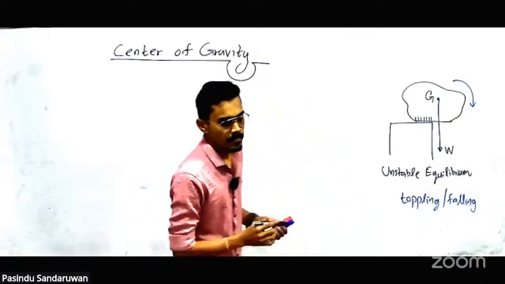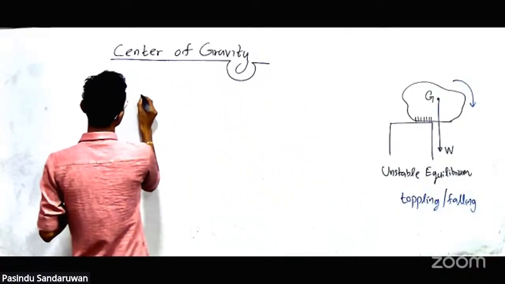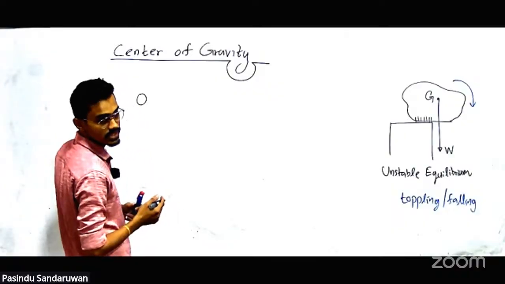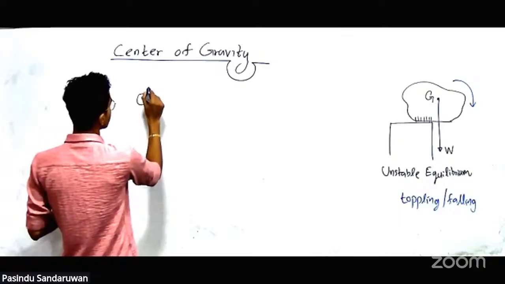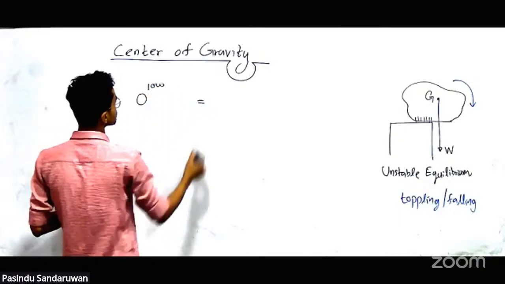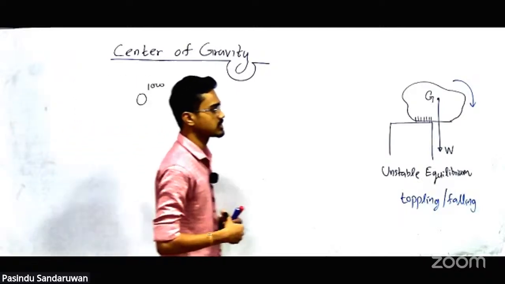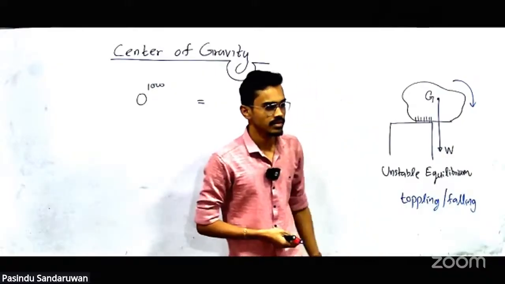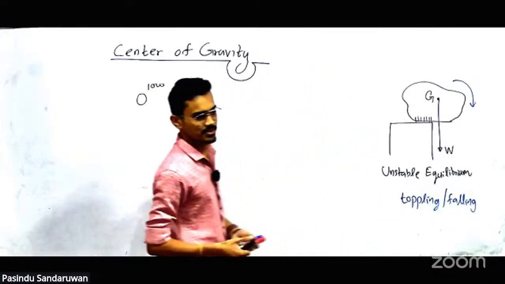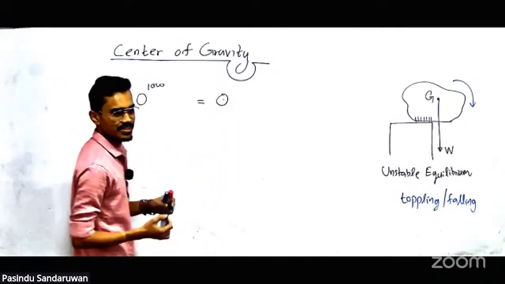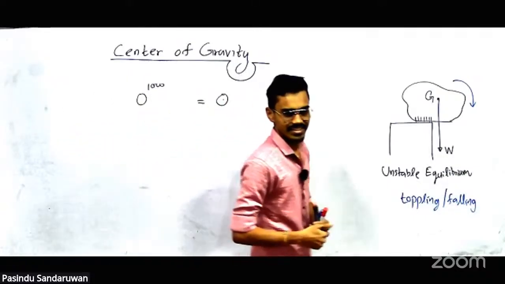Say that is 0 as a mathematical value. Your effort is 0. So with this 0 effort, if you continue for 1000 days, 0 into 1000, what's the answer? It's 0.